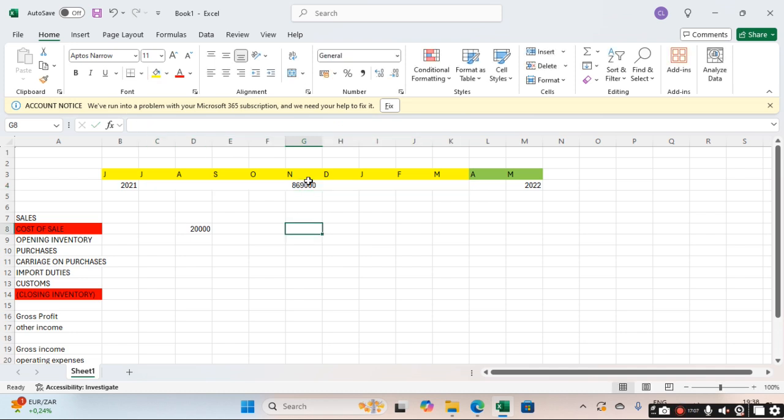So this amount is for 10 months only, meaning we still have the remaining 2 months, April and May, for which we still have to pay salary.